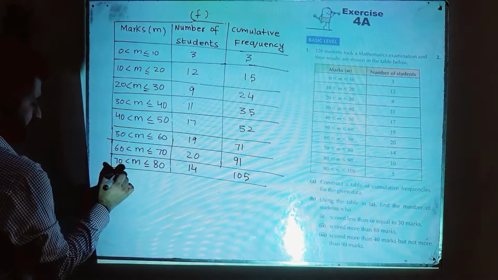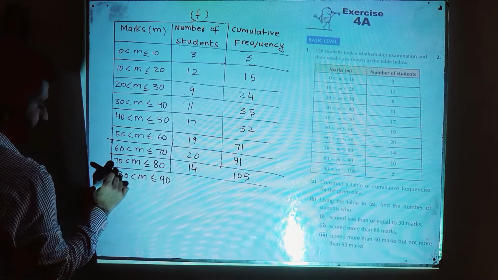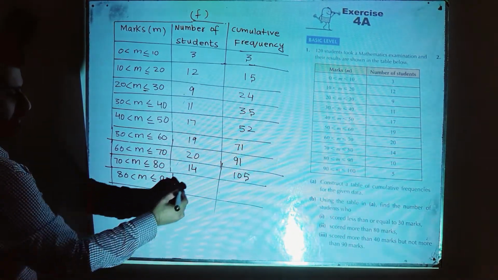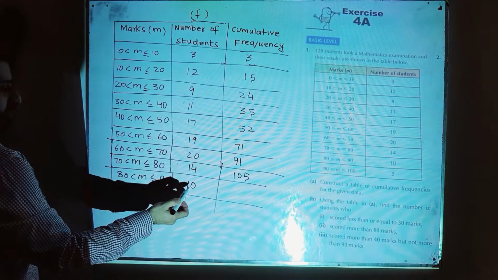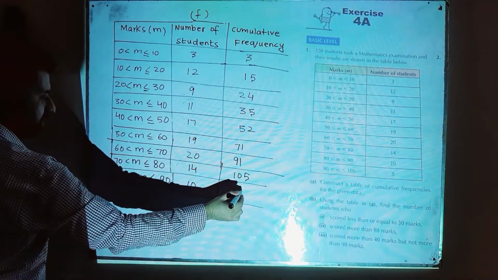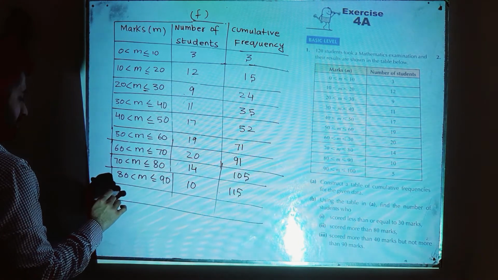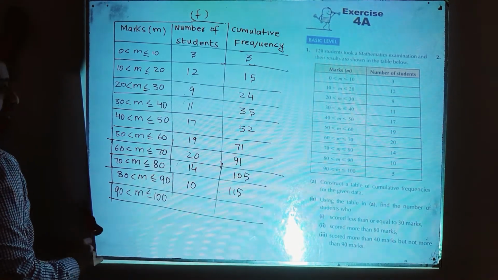And then you have marks more than 80, less than or equal to 90. So how many students do we have here? We have 10 students here. So cumulative frequency will be 105 plus 10, that is 115. And the last one is marks more than 90, less than or equal to 100.